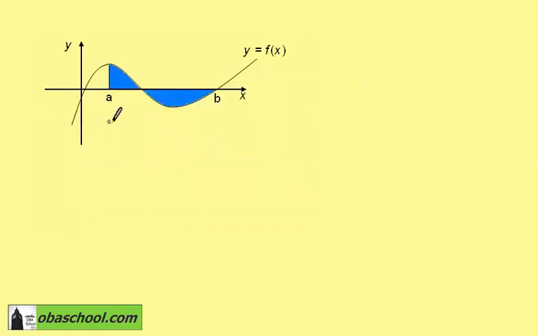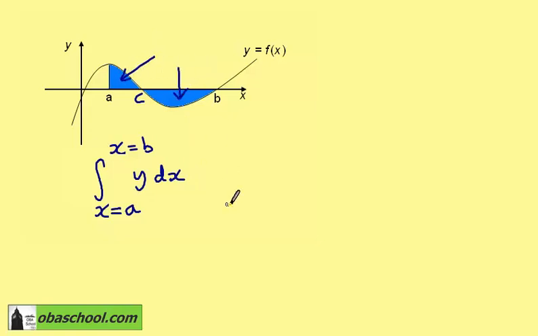This gives us a problem when dealing with situations such as this, where part of the area is above and part below the x-axis. The point where the curve crosses the x-axis we'll call C. If we were to evaluate the integral from x equals a to x equals b of y dx, then the answer that we get will not be equal to the blue area.